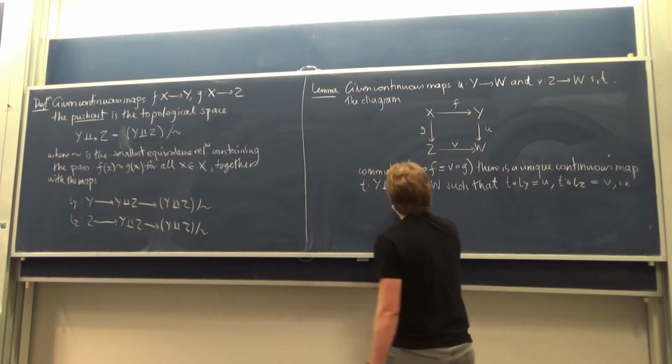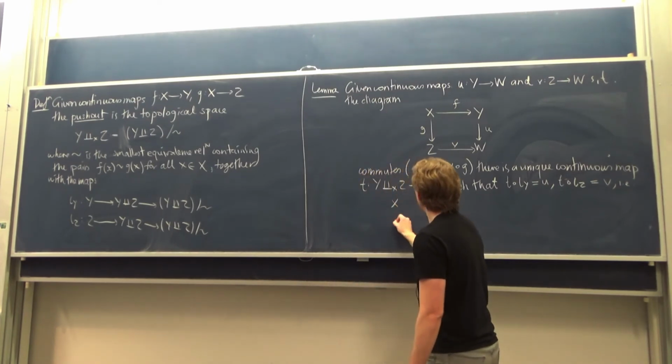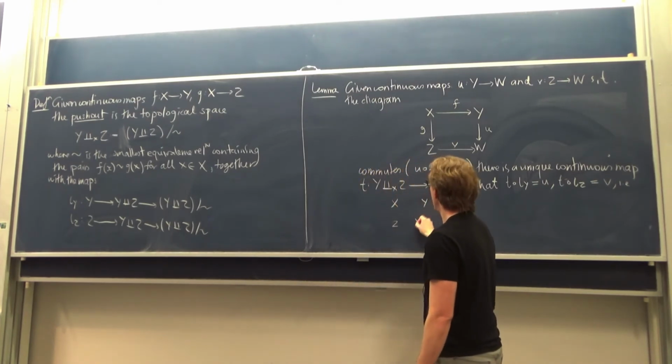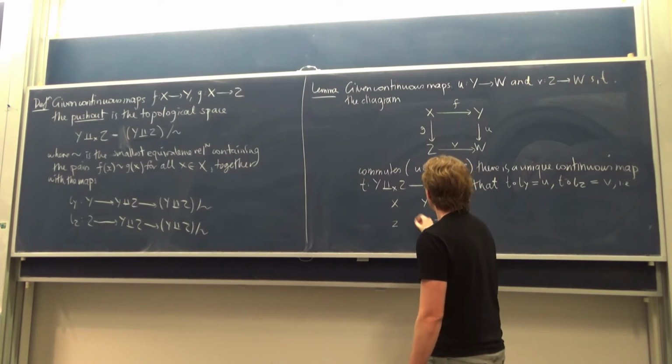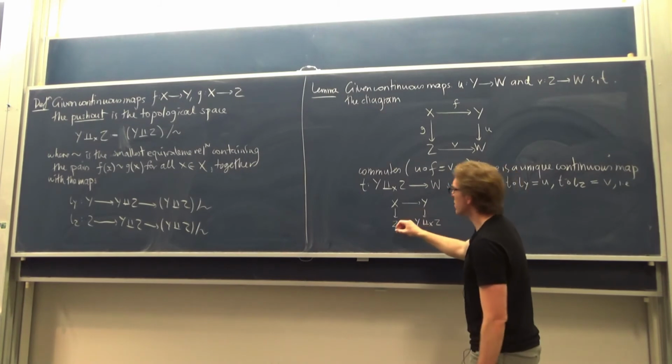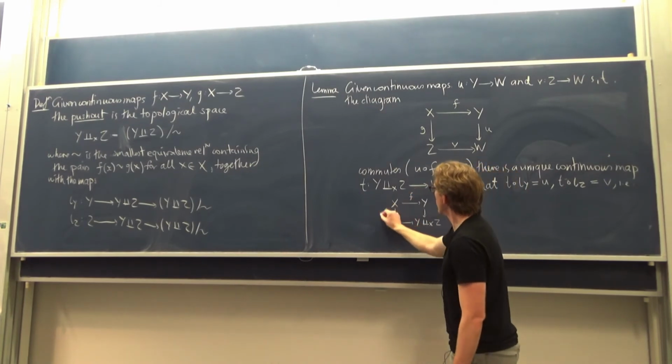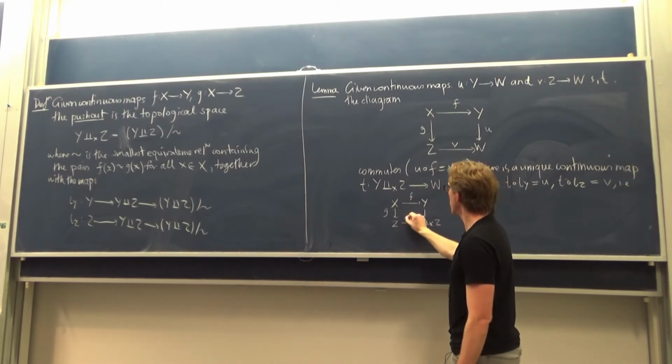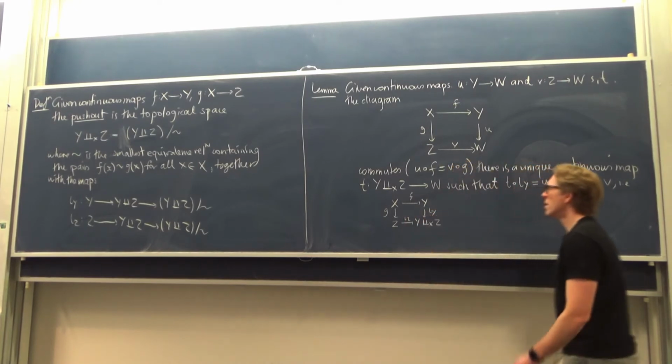So there's my X, there's Y, there's Z. This was my original diagram. There's F, this is iota Z, and that's iota Y.